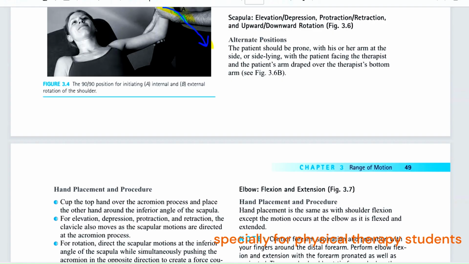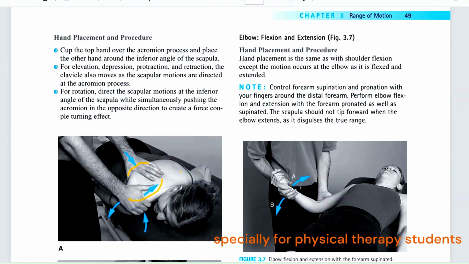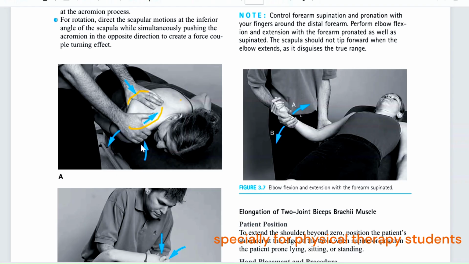The patient should be prone with his or her arm at the side, or sideline with the patient facing the therapist, okay? And the patient's arm is draped over the therapist's bottom arm, same as we have discussed here in the picture. You can see here how to make the prone position easy.